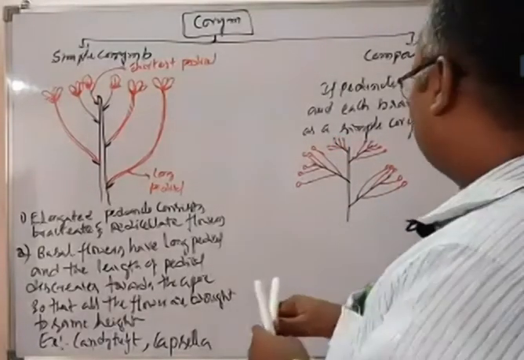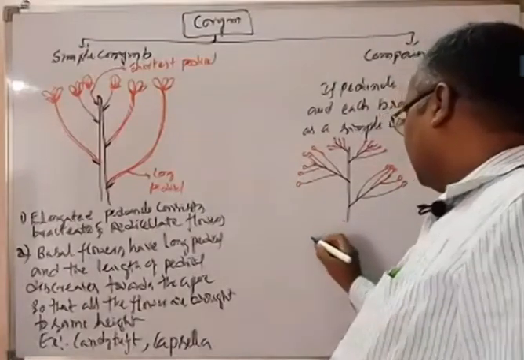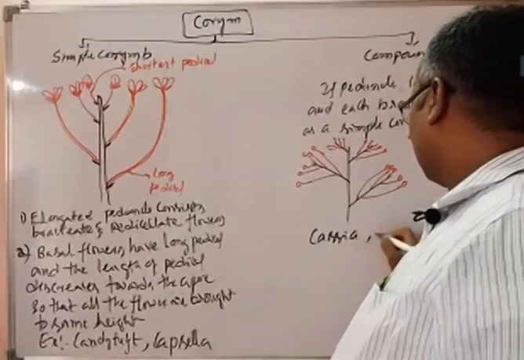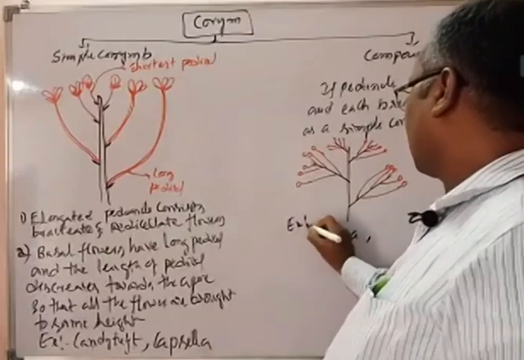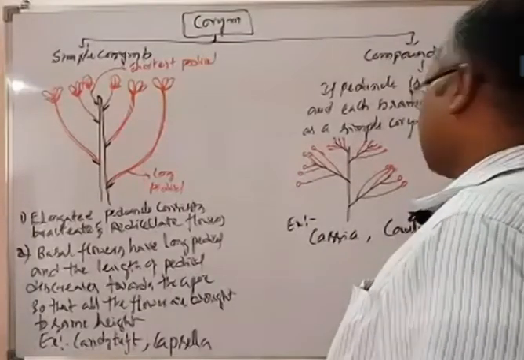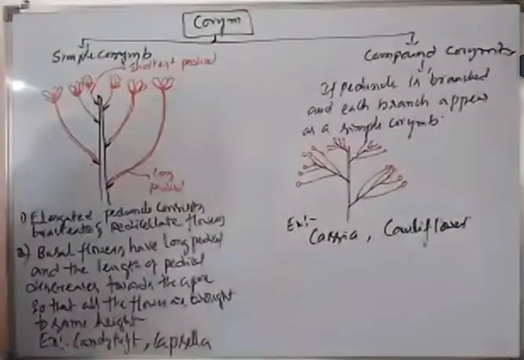We have different examples for this: cassia, cauliflower, cassia and cauliflower.